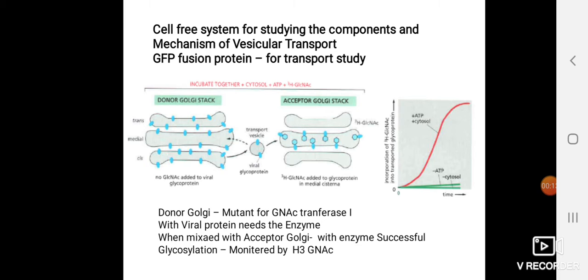So in this particular class of the video we are going to study about vesicle transport, and then we are going to discuss how exactly the vesicle formation and fusion play a role in the process of movement of molecules or proteins within the cell.